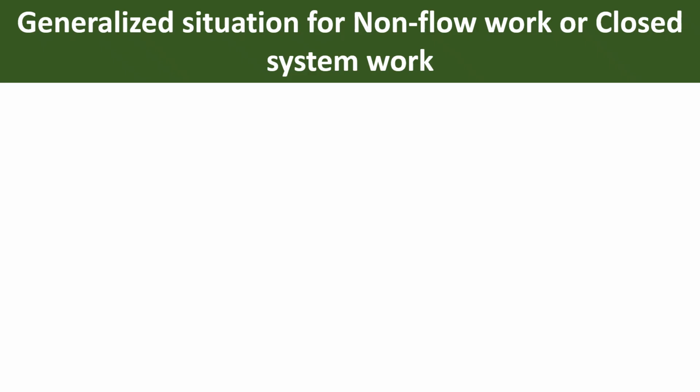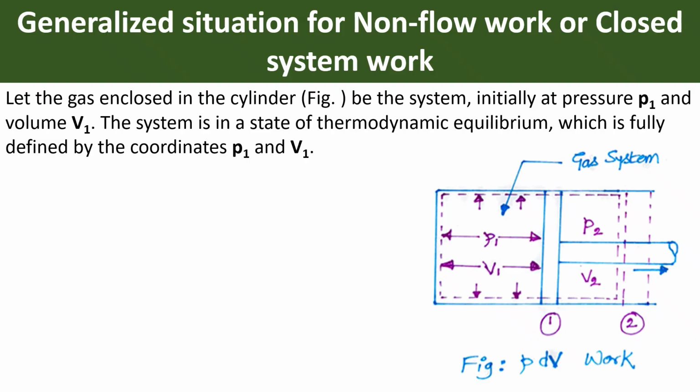Next we will discuss the generalized situation for non-flow work, or closed system work. Consider one closed system. In this example the closed system is a piston and cylinder, with gas enclosed in the cylinder. Let the gas enclosed in the cylinder be the system, as shown in the figure.